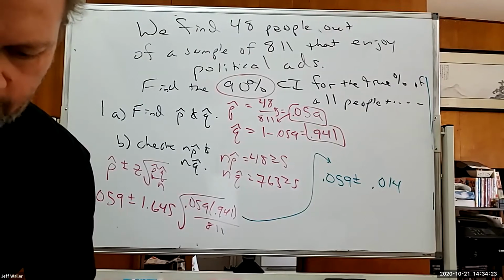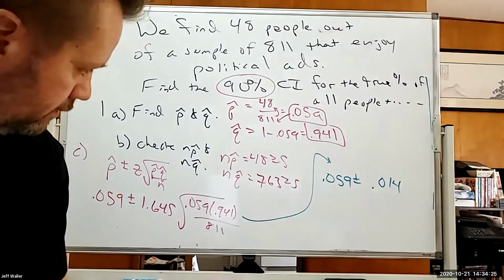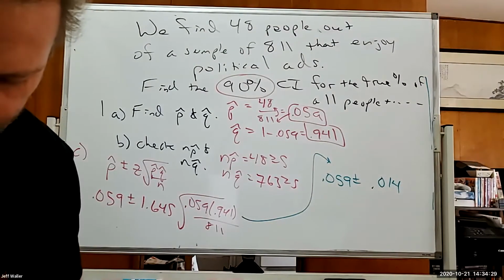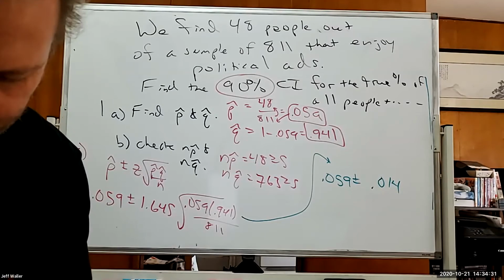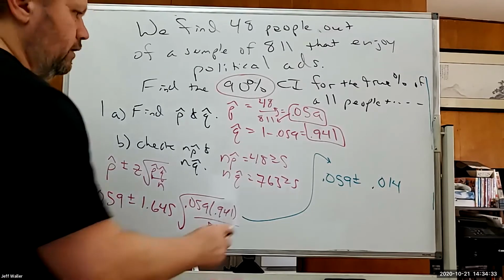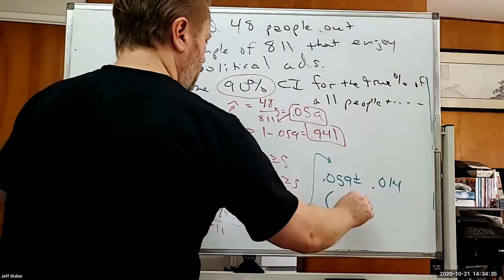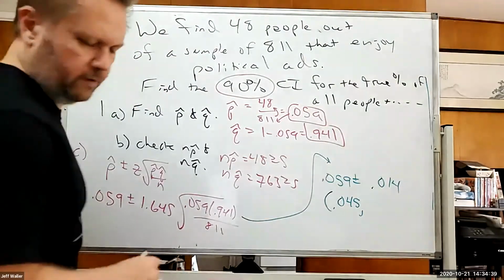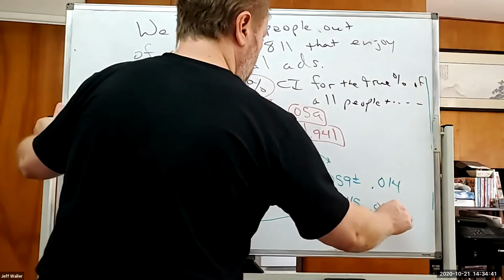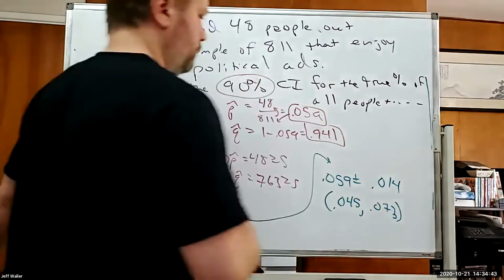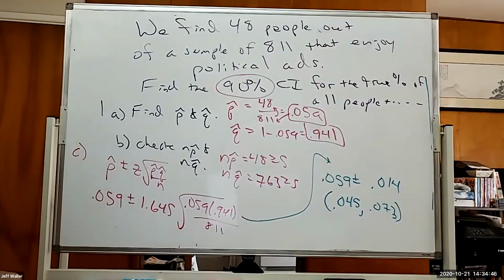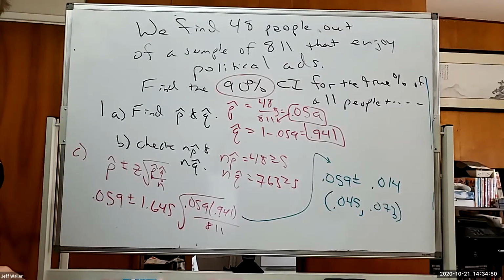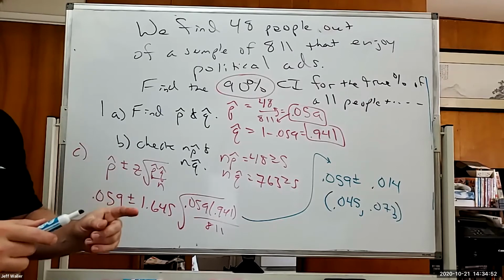Okay. And then if I do 0.059 minus that and 0.059 plus that, I get 0.045 up to 0.073. Nifty. So that's my interval.